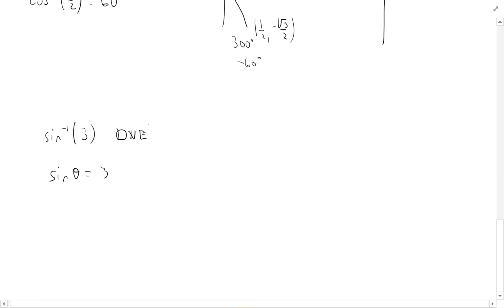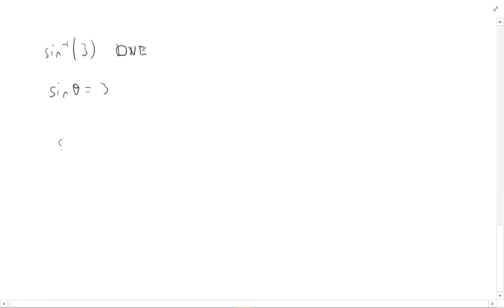It's undefined. So looking at sine inverse of x, we've got our domain is -1 less than or equal to x less than or equal to 1, and our range is negative pi over 2 less than or equal to y less than or equal to pi over 2. Again, I'm thinking y equals that.